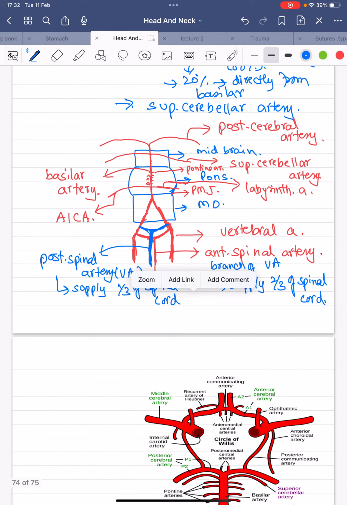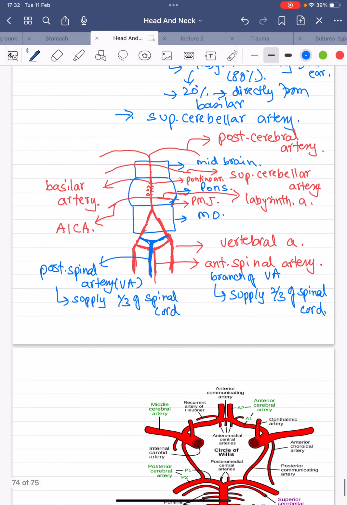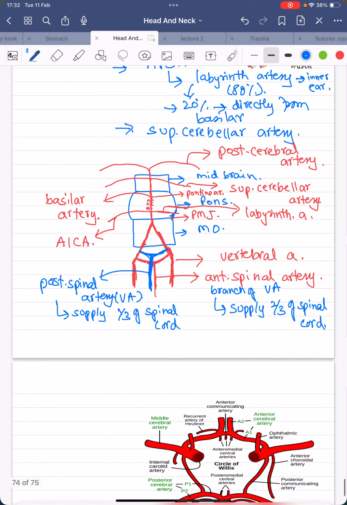Okay, and one more artery, that is the PICA. So this is the PICA. I will draw it in green color. This is your PICA, posterior inferior cerebellar artery. The PICA is also a branch of the vertebral artery.